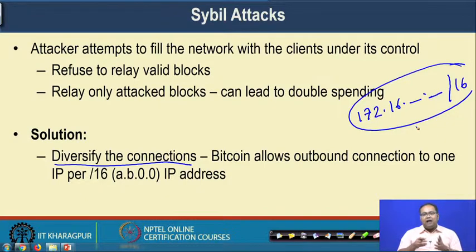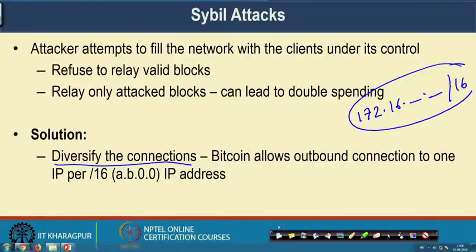If you diversify the network, it is expected that if the attacker generates multiple such false miners, the attacker will generate them within the same network, so they will be clustered within the same subnet. That is the expectation, and with this expectation, the Sybil attack may be possible.